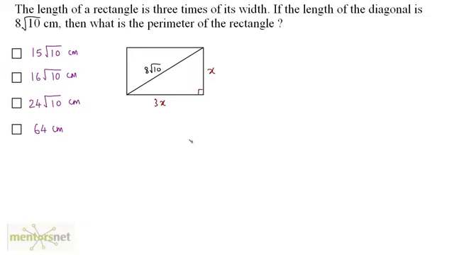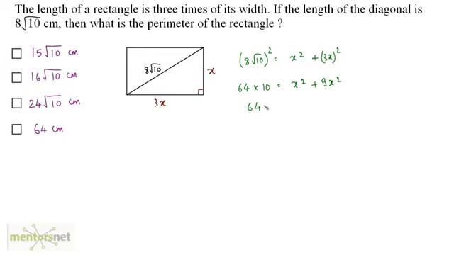So from Pythagoras theorem, hypotenuse square is equals to the base square plus the height square. So I have 8 root 10 square is equals to x square plus 3x whole square. So 8 8s are 64 times root 10 square is 10 is equals to x square plus 9x square.